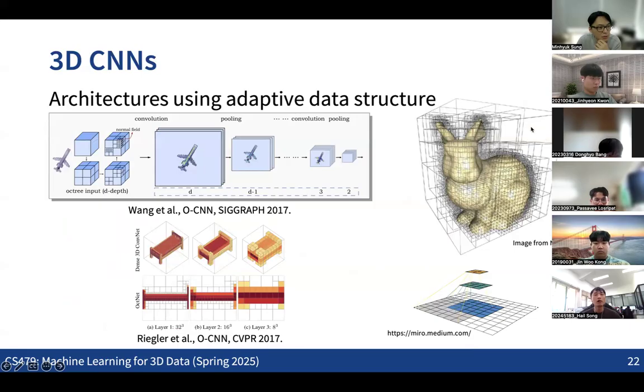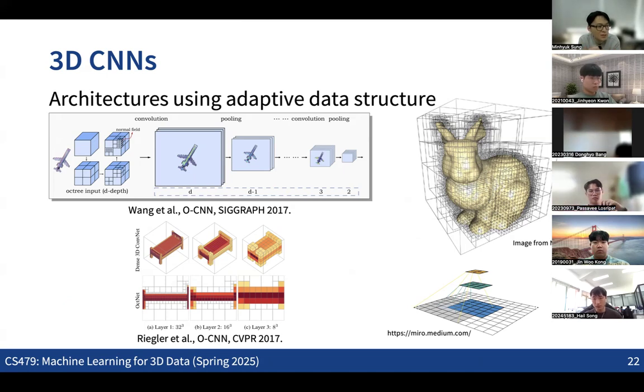For regions where we know there is no surface information, we make bigger voxels, and then we increase the resolution only in the local regions where we know the surface is located. Once we have this adaptive resolution of the 3D grid, we also apply 3D convolution on it.